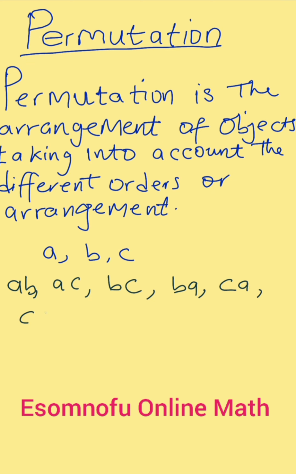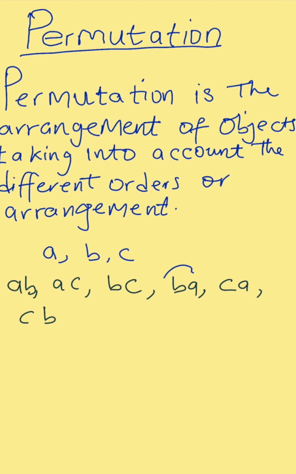If they pick CB, CB is the same as BC. But that is not so in permutation because the order of arrangement is taken into consideration. So we don't see AC and CA to mean the same thing. We don't see AB and BA to mean the same thing, and BC and CB to mean the same thing. They are different arrangements.